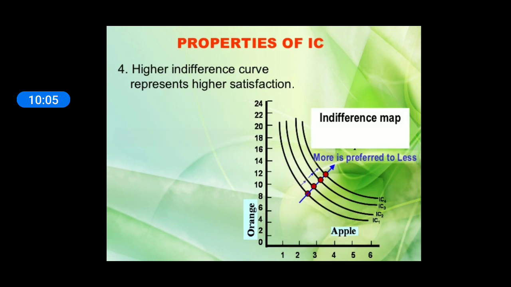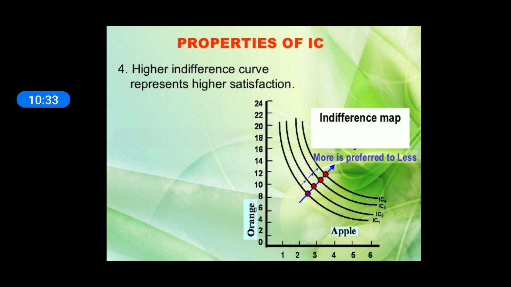Next is that a higher indifference curve represents higher satisfaction. Dear students, a higher indifference curve always shows a high level of satisfaction compared to a lower indifference curve. In this diagram, IC2 shows a high level of satisfaction compared to IC1, IC3 shows a high level of satisfaction compared to IC2, and IC4 shows a high level of satisfaction compared to IC3.